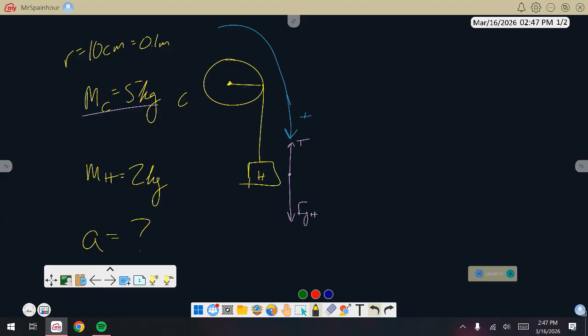So tell me some forces that belong on that top guy up there. Force of gravity, and I'm going to once again put a subscript on that because there are 2 objects. That's force gravity hanging, and this will be force gravity cylinder. So what else? Force tension. Where does it go? Right side down. And by the way, how does this tension and this tension relate? Equal. They are equal.